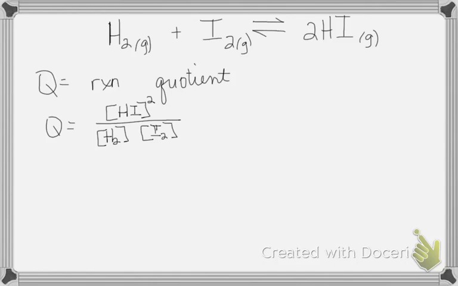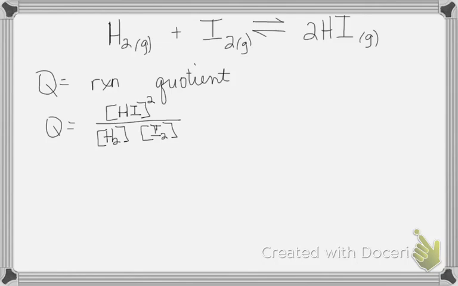So it's calculated exactly like you would calculate a KEQ. Okay? If it's just like a KEQ, well, how is it different? Because KEQs have to be calculated at equilibrium. Qs do not have to be calculated at equilibrium.